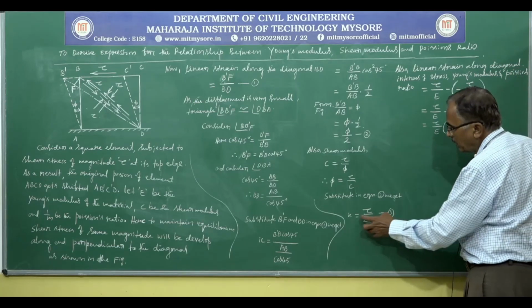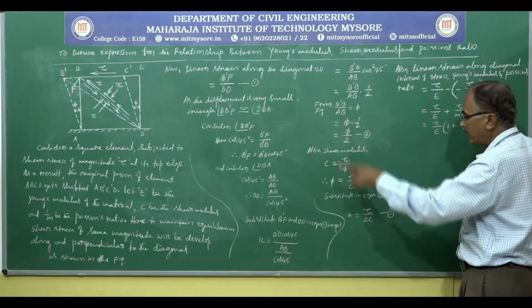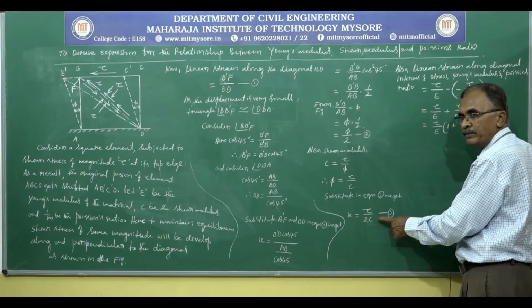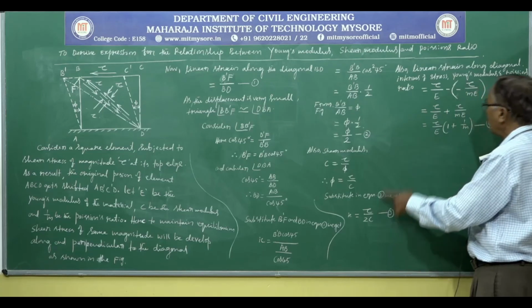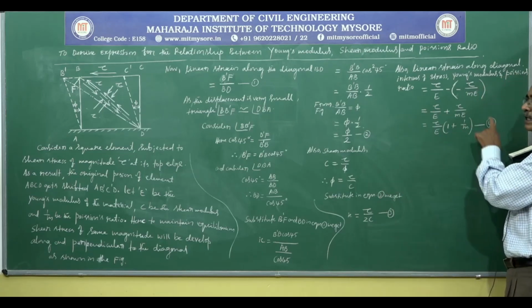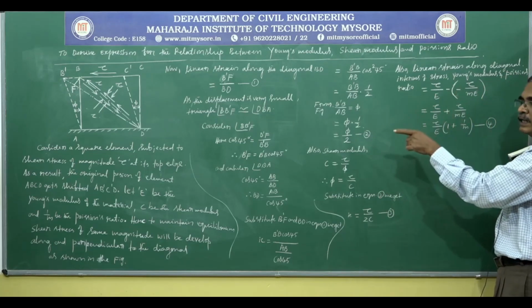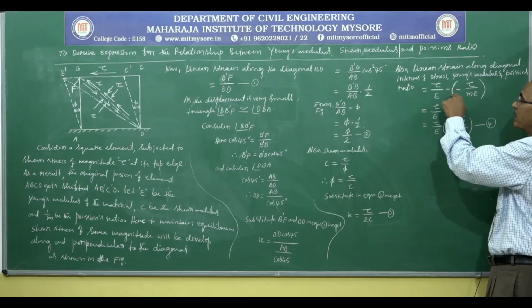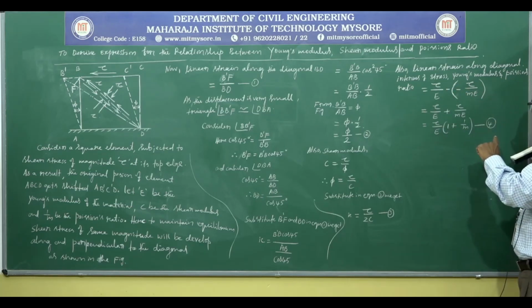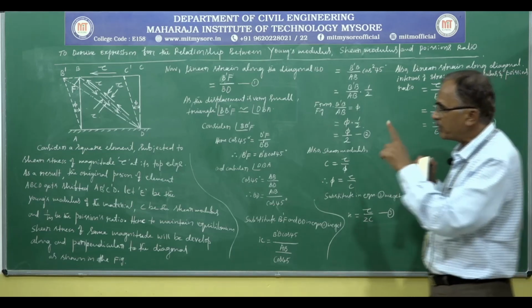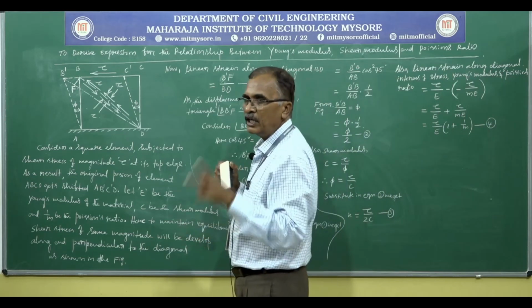Equation 3 is the linear strain along the diagonal due to change in dimension, and equation 4 is linear strain along the diagonal in terms of direct stress, Young's modulus and Poisson's ratio. So we expressed the strain in two ways.